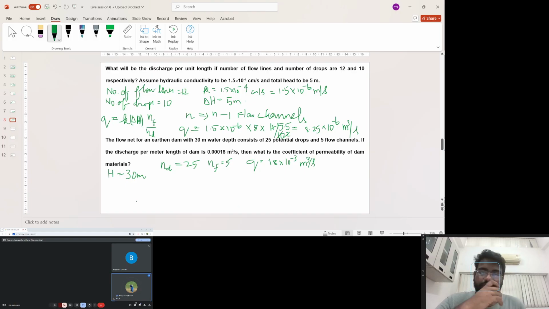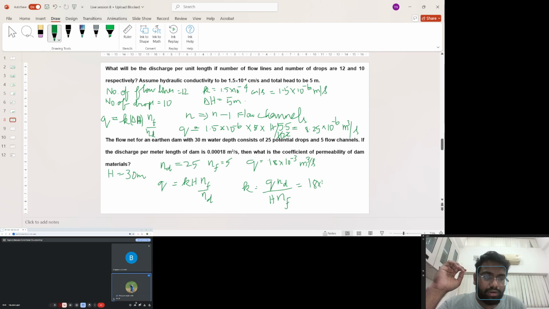Alright. Now we need to calculate the permeability. So same equation, Q is KH NF by ND. So K will be equal to Q ND by H NF. That will come to 18 into 10 power minus 3, ND is 25, H is 30, and NF is 5.